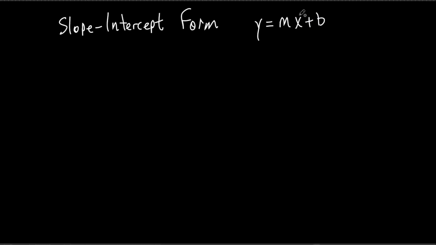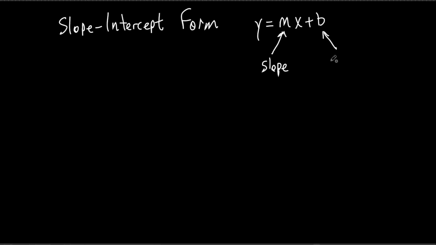The x and the y represent a point on the line. Everybody knows that, right? Ordered pair, x, y. So that x and that y represent a point on the line. You know this one, that's the slope.